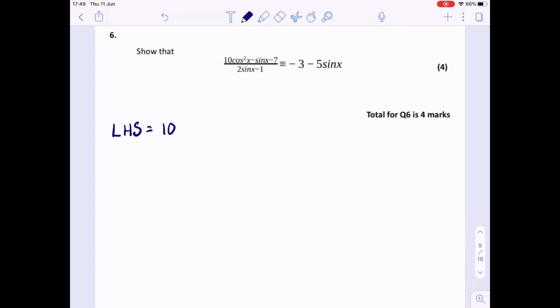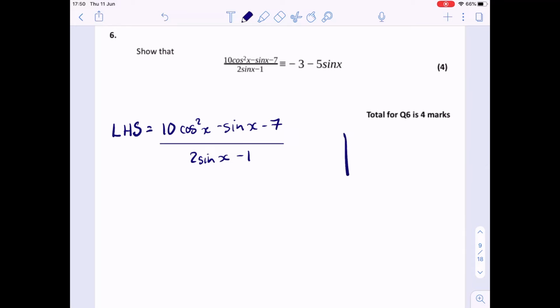So let's start by saying that the left-hand side is (10 cos squared x minus sin x minus 7) over (2 sin x minus 1). Now I'm looking at my final answer and there's only sine there, so I'm starting to think maybe I should try and write everything in terms of sine.